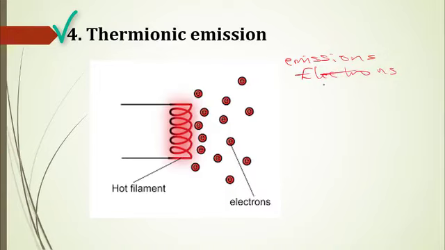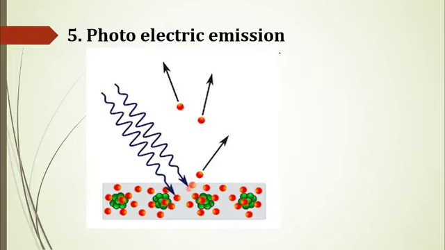When this metal has been heated, it can lead to the emission of electrons, as you can see from the diagram here. That's what we call thermionic emission. Also, when heat is applied to a body, it could also lead to another kind of emission we call photoelectric emission.